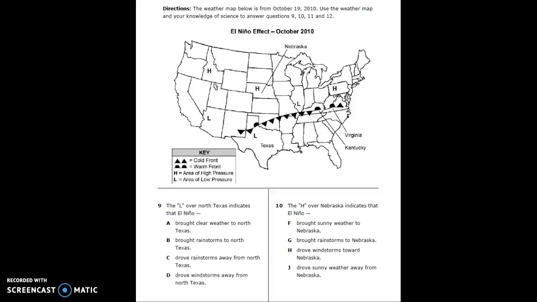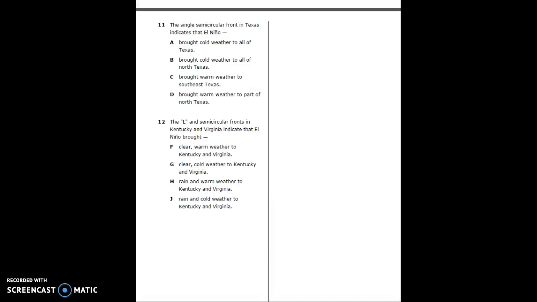Question 10. The H over Nebraska indicates that El Niño, F. brought sunny weather to Nebraska, G. brought rainstorms to Nebraska, H. drove windstorms toward Nebraska, or J. drove sunny weather away from Nebraska. Question 11.